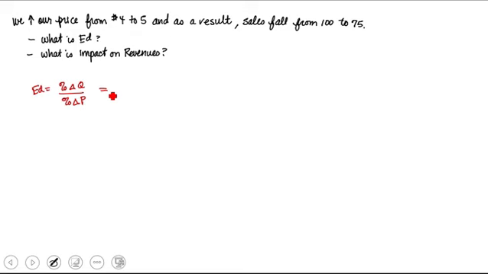We'll go through it. Everyone have an elasticity of demand calculated?